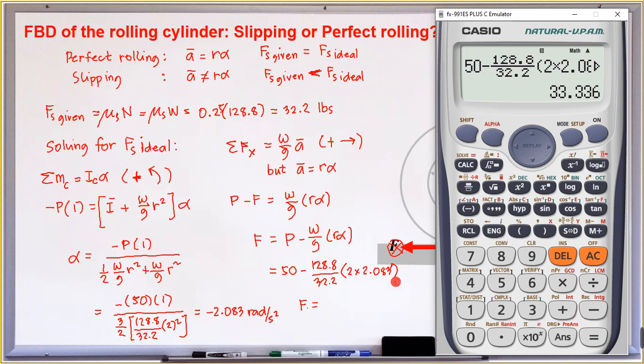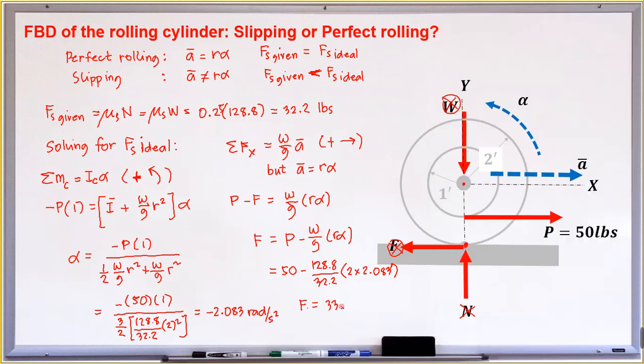So the result would be 33.336 pounds. Okay? So this is our ideal static friction.